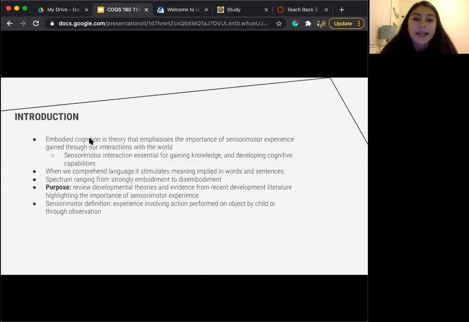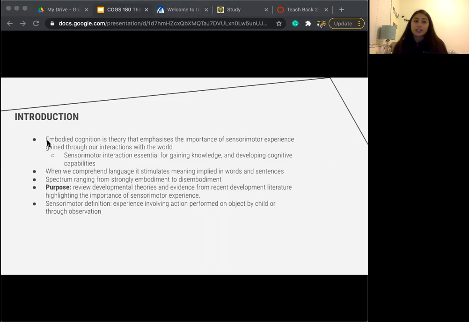Here in the reading, it defines embodiment cognition as the theory that emphasizes the importance of sensory motor experience gained through our interactions with the world. It also mentions that sensory motor interactions are essential for gaining our knowledge and developing our cognitive abilities.